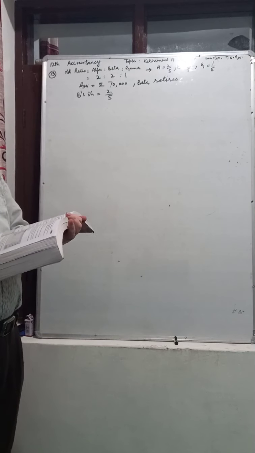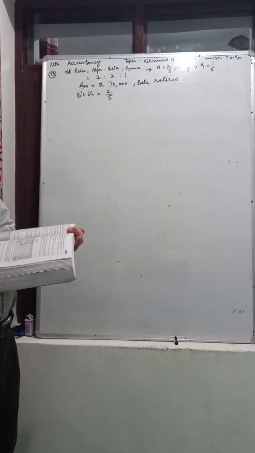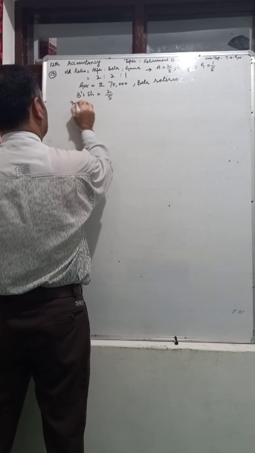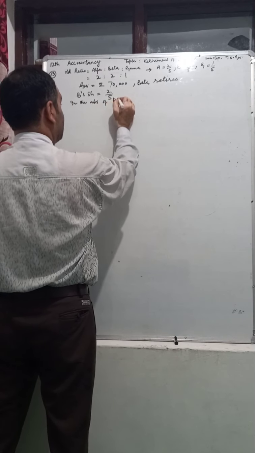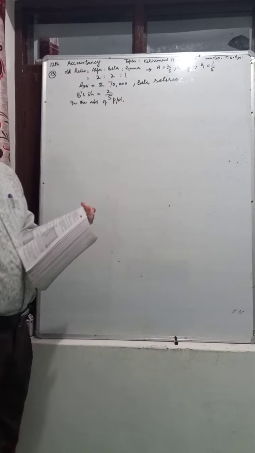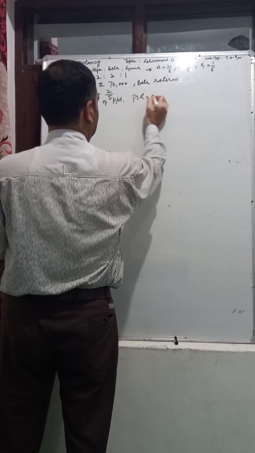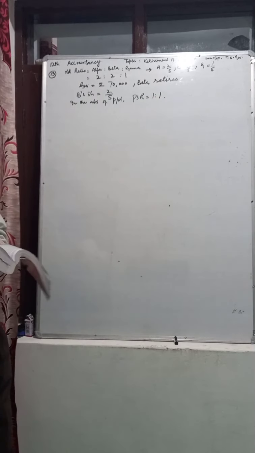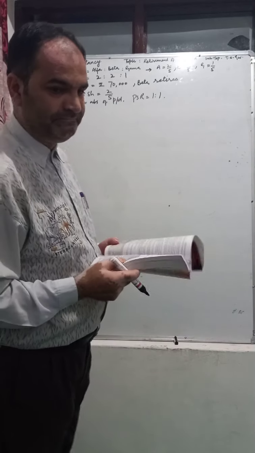So in the absence of a partnership deed, the profit sharing ratio is equal to 1:1. That is, profits and losses are shared equally in the absence of a partnership deed.